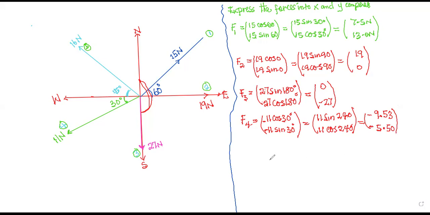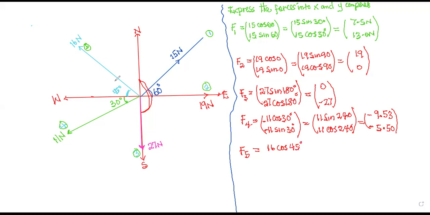Then the last vector. The last one is F5. So F5, which has a magnitude of 16 Newton, acting at 45. If we use the angle it makes with the x-axis, we have 16 cos 45.